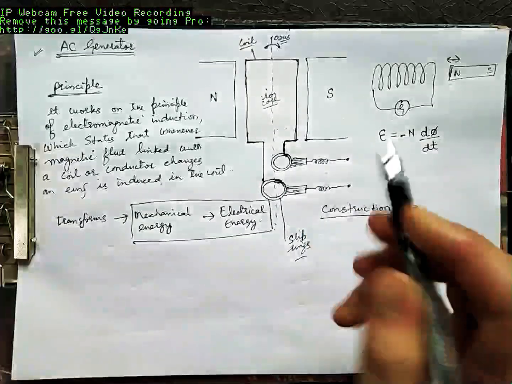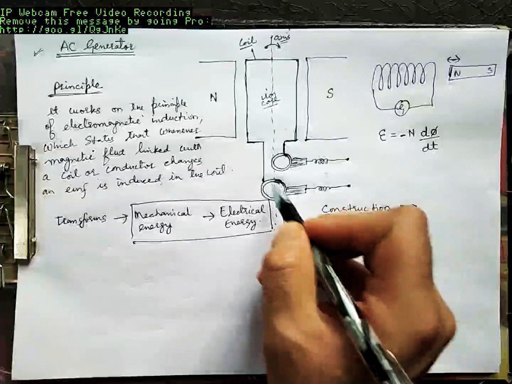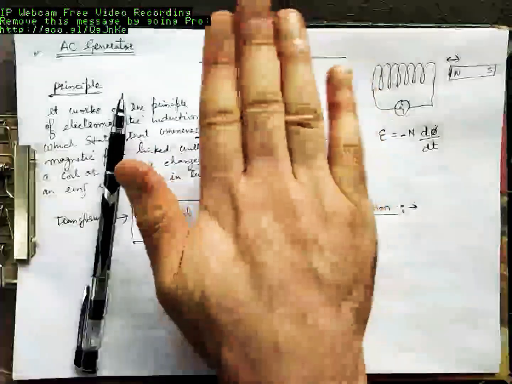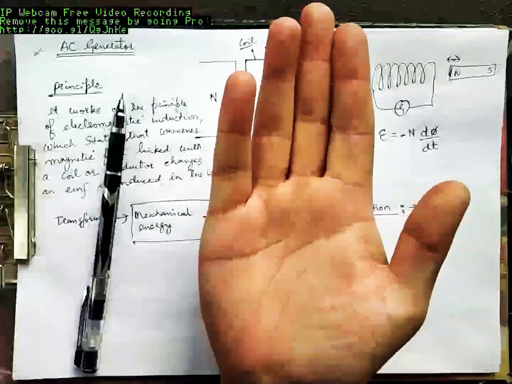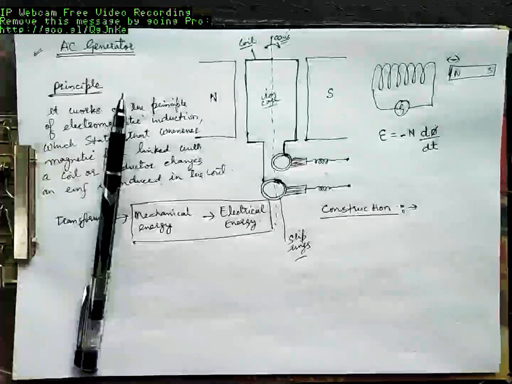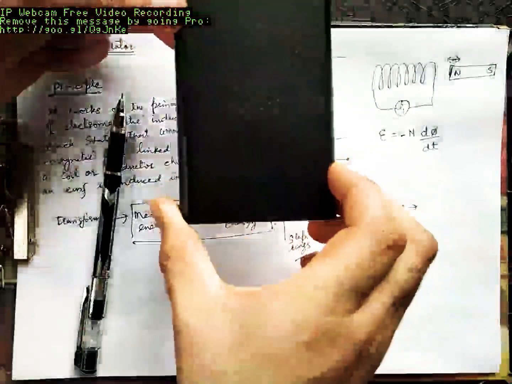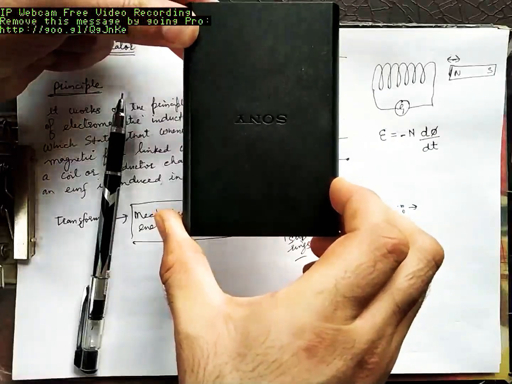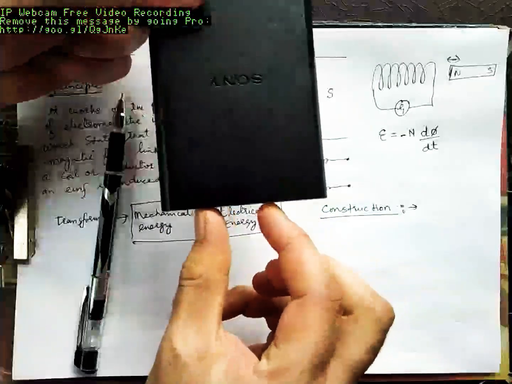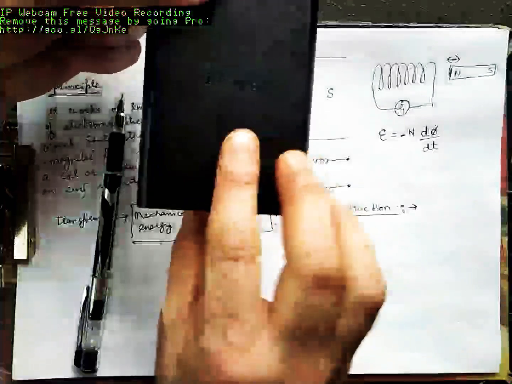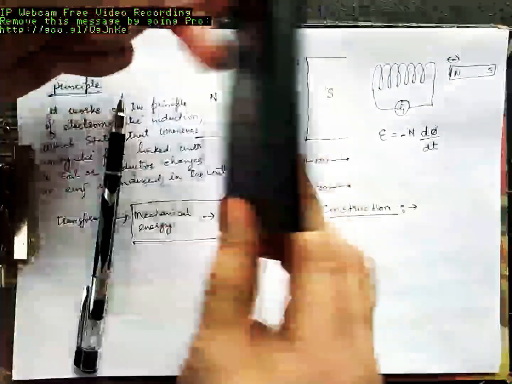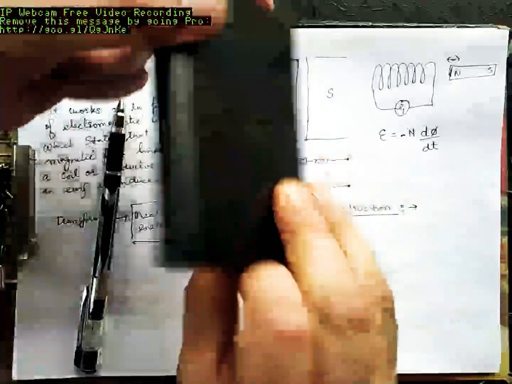Since I have to connect a load over here, and this loop is rotating, it is like this is the loop over here, and this loop is rotating, and I have to connect a bulb over here. When this loop rotates, the bulb along with it also rotates.